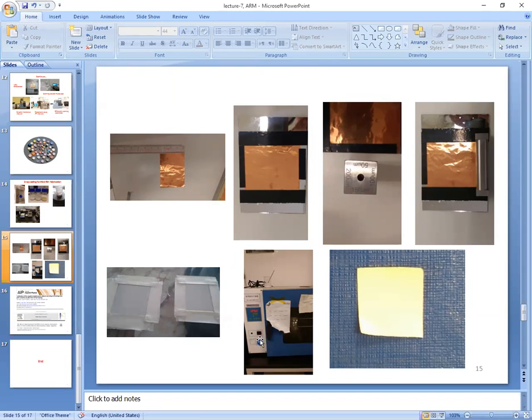This is very simple, like you can see this is up to 80 degrees centigrade, or you can say below 200 degrees centigrade you can dry this.